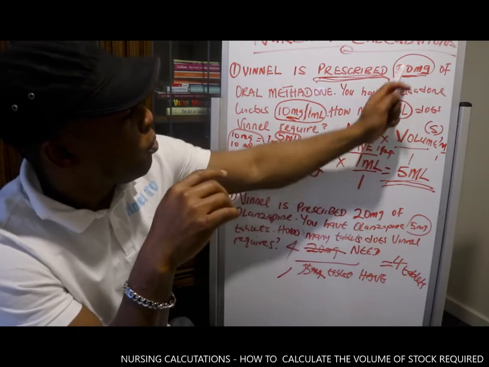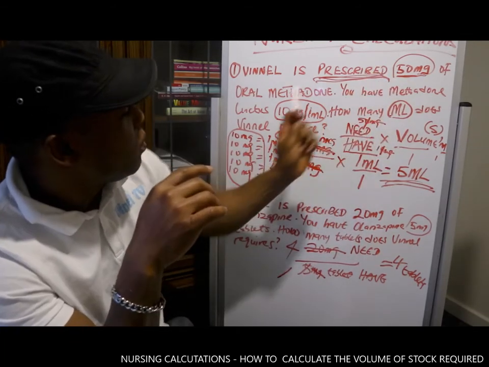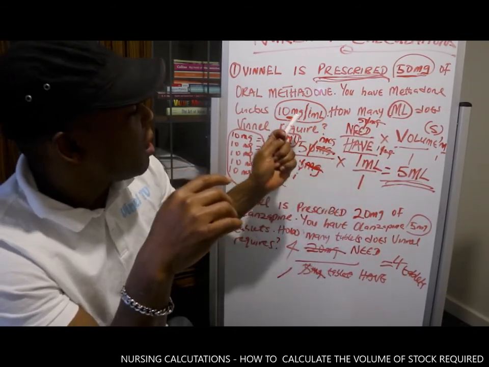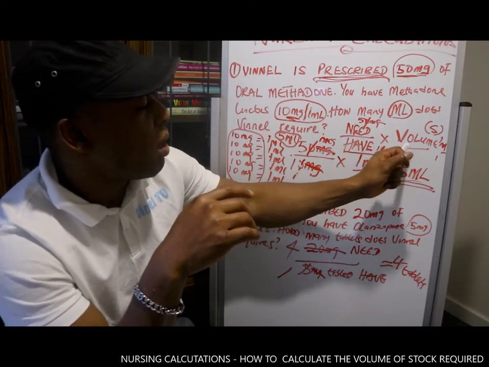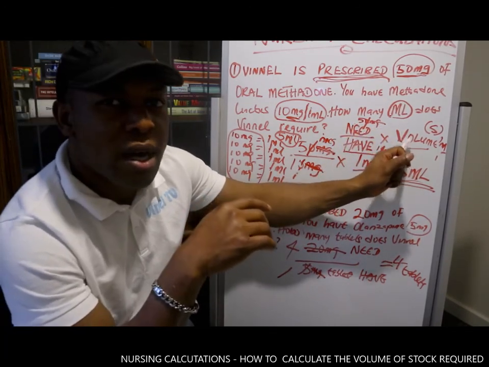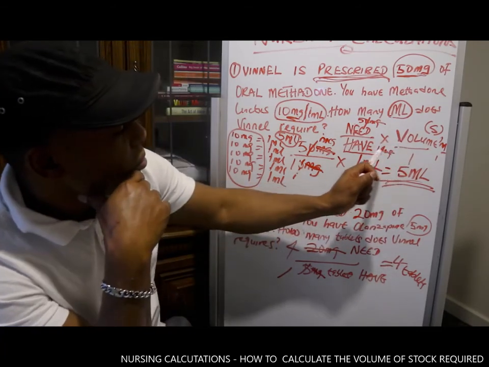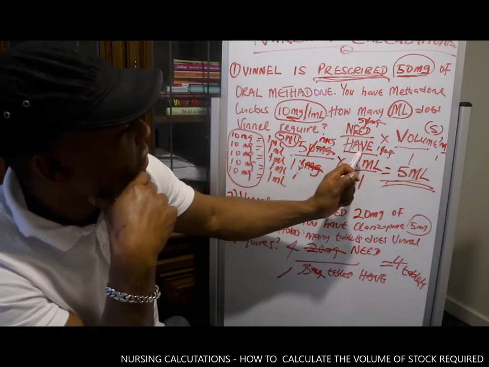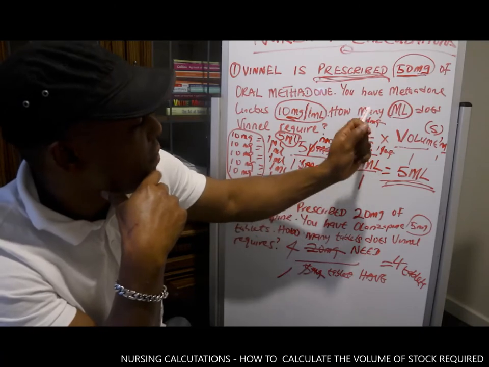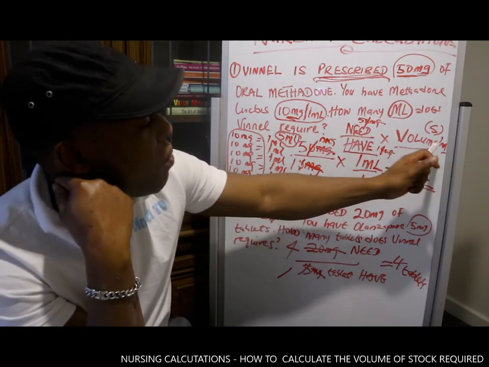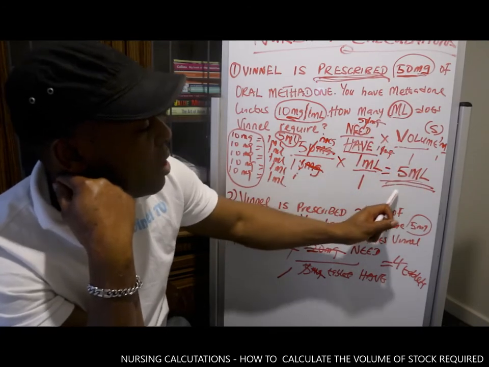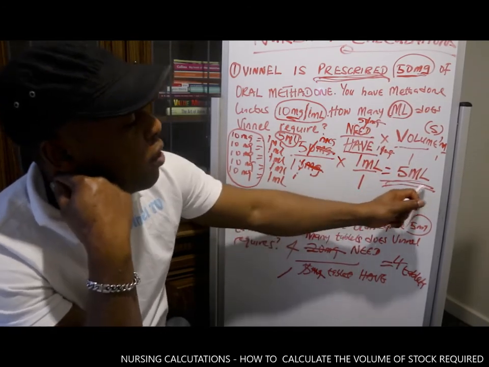So put 50 milligram here, then take 10 milligram at the bottom, cross out the milligram. The answer will be in the volume. So 10 divided by 50, you get 5. So 5 times 1 is equal to 5, which is 5 mils volume.